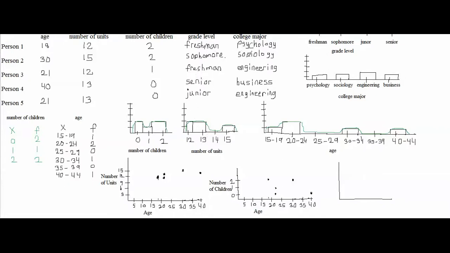Remember, we can't make scatter plots with these 2 columns because they're not quantitative data. So maybe on the x-axis we'll put number of units, and then on the y-axis we'll put number of children.